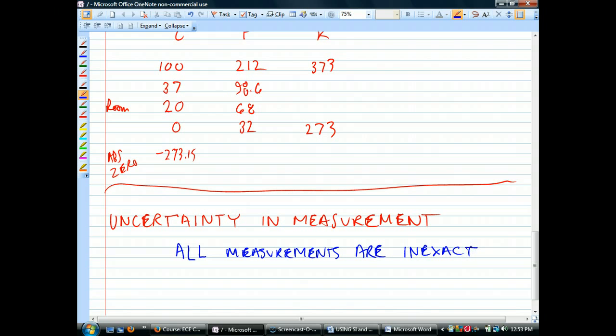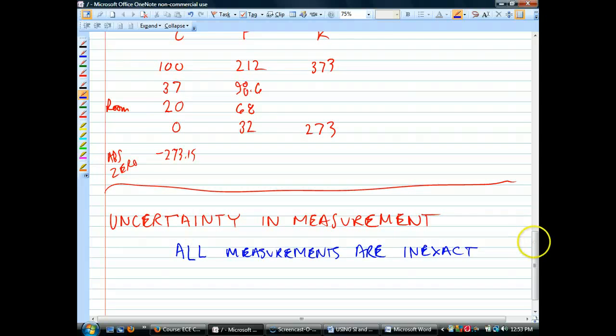Or no measurement is exact. I should put it that way. Every measurement has uncertainty. I don't care if the most sophisticated robot with a supercomputer brain made the measurement. It is not exact.